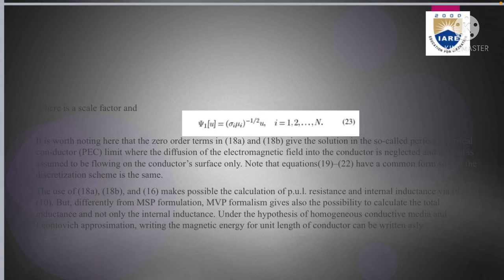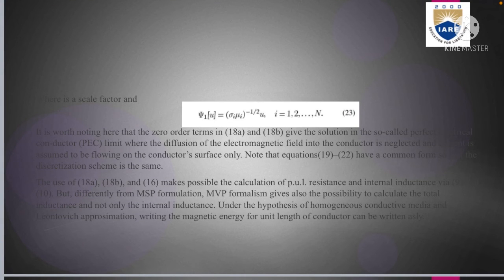Where a scalar factor appears, and it is worth noting here that the zero-order terms in 18a and 18b give the solution in the so-called perfect electrical conductor, PEC, limit, where the diffusion of the electromagnetic field into a conductor is neglected and the current is assumed to be flowing on the conductor's surface only.